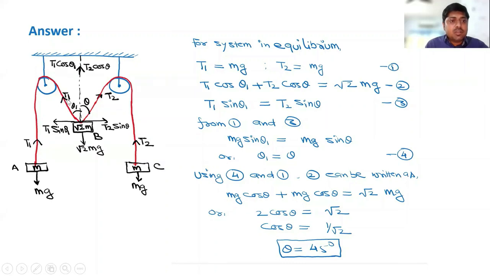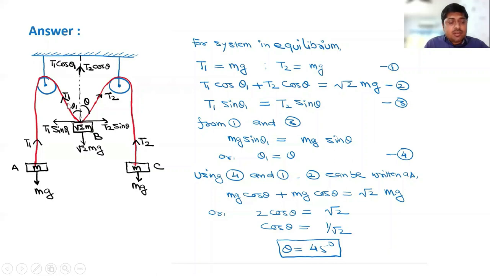So that will be T1, but acting in the opposite direction. Similarly, in this part of the string, there will be a tension T2, which will act in the opposite direction of the tension acting in this part of the string.